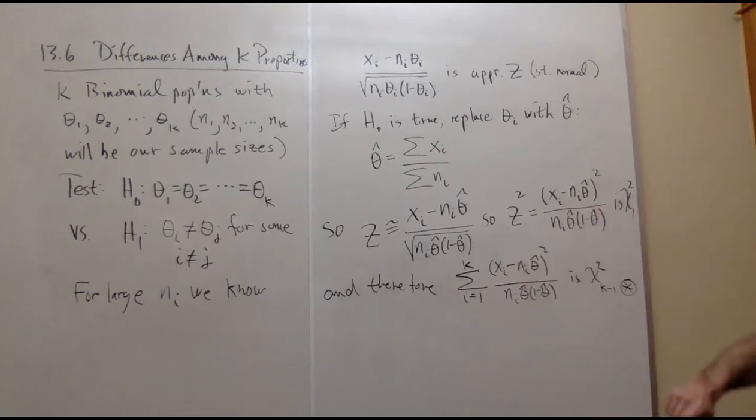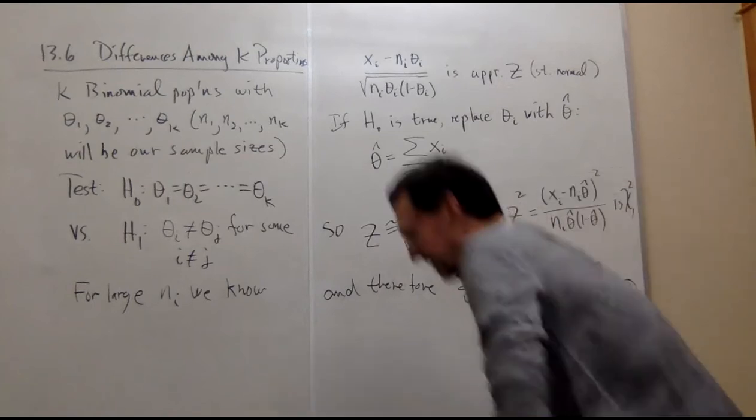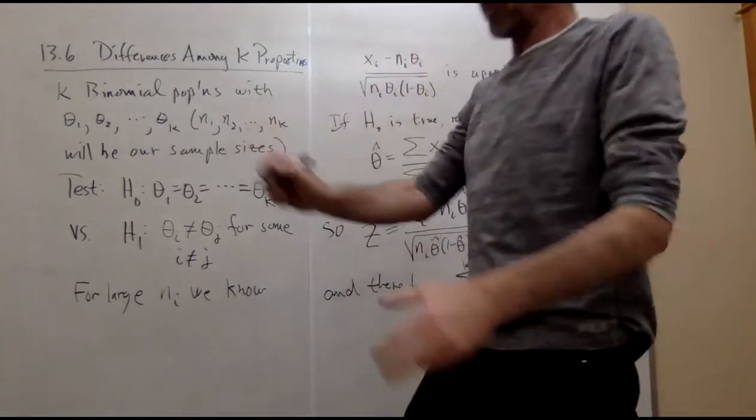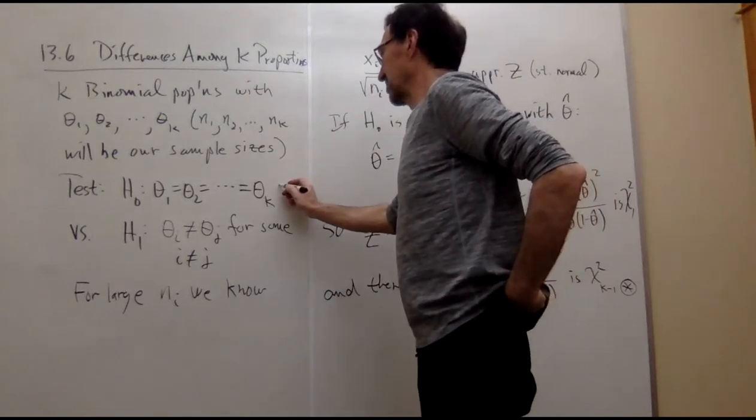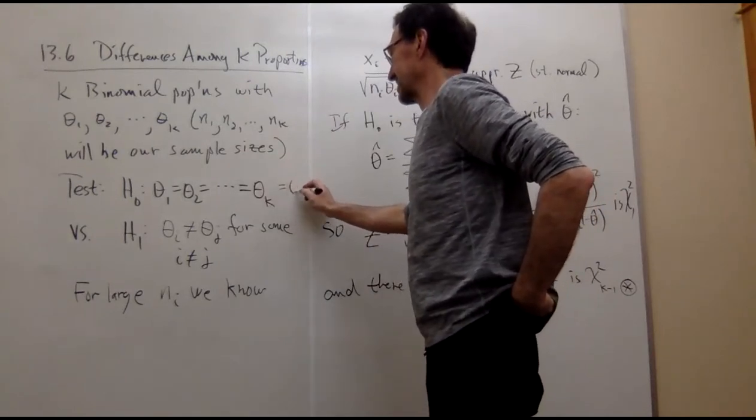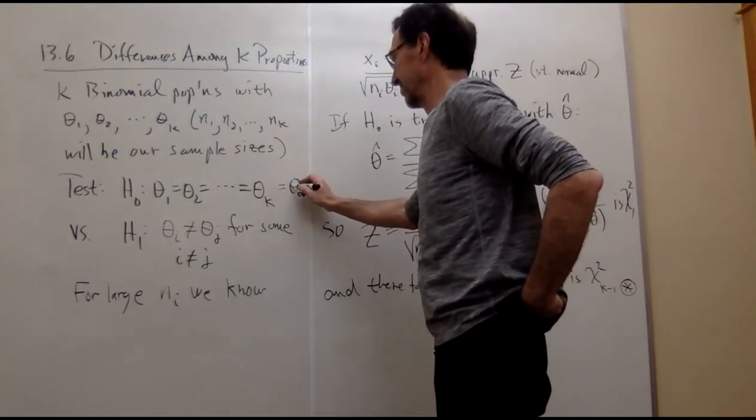So we're going to test the hypothesis that theta is the same for all of these populations. I'm going to work through the details for that test that you see on the board right there. All thetas are the same. We can modify it with just a few little tweaks. Maybe someone says 40% of the people are on welfare. Then we can actually include the possibility of testing it against some established constant.